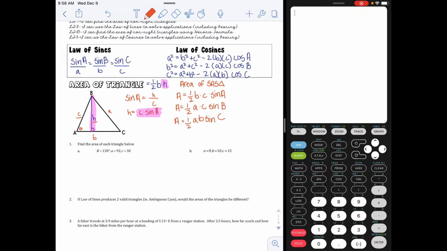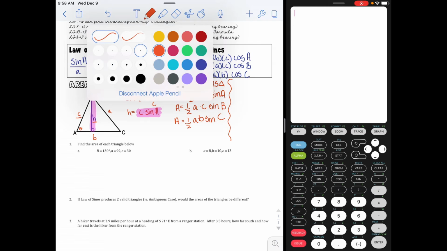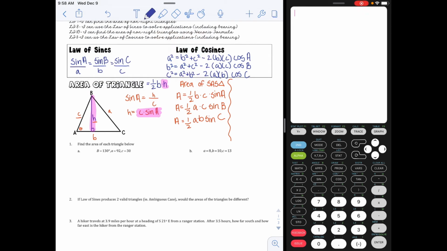After that, what happens if I have like a different type of triangle? I don't have any angles known. You can use the other method, which is our third learning target for today, which is using Heron's formula.